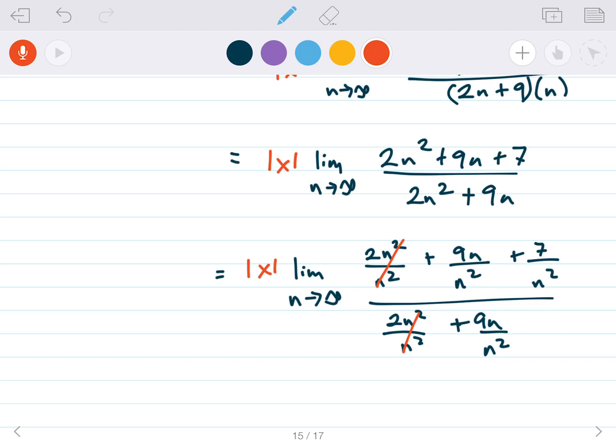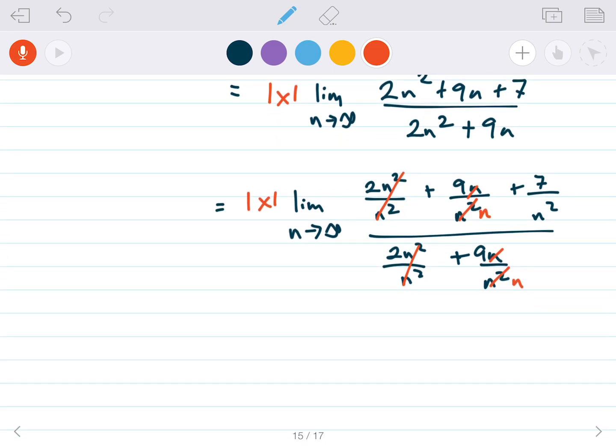These guys go away. This is just 9 over n, and same thing here. So what happens when n goes to infinity? Well, we have 2 here, 2 here. This goes to 0, this goes to 0, this goes to 0. 2 over 2 is 1. So this limit is just equal to 1.